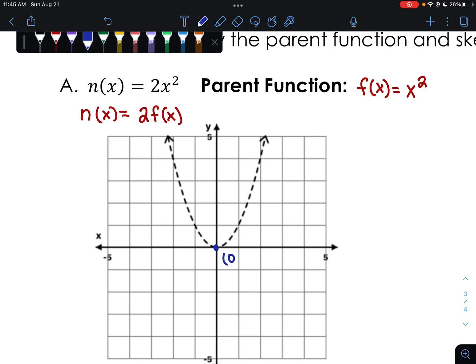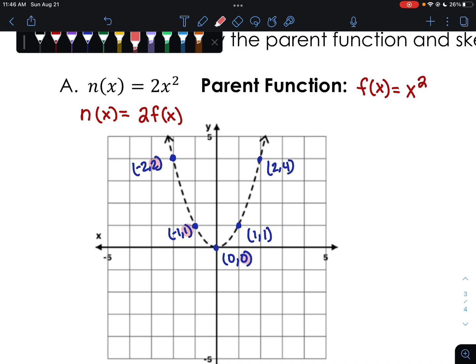If my parent function has the following points, 0, 0, 1, 1, 2, 4, and then on the other side, -1, 1, and -2, 2, I am going to take those y values and multiply them by 2.